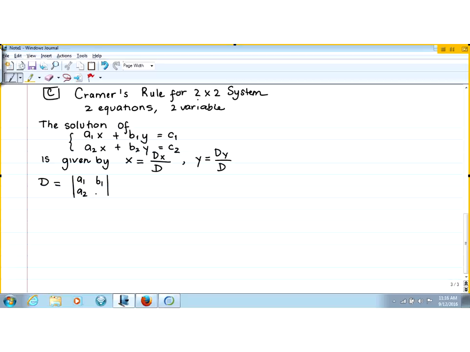So that's your d. Of course, later on you'll have numbers. So d is the determinant of the coefficients of x and y.